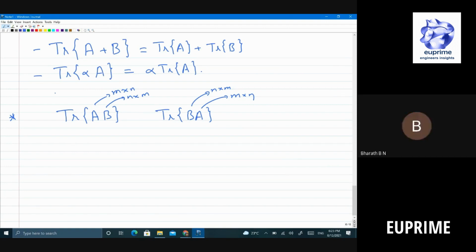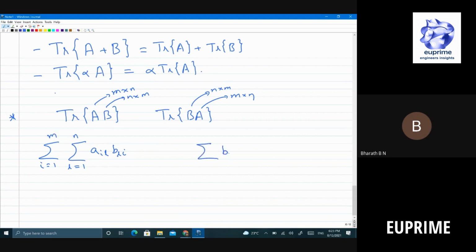Let's try that. Whatever you are saying, what should I do? A_il B_lj. Is it j or i? It's i. So I have to sum it over all l. L should go up to the number of columns of A, which is n. And then I have to sum it over all i, from 1 to the number of rows, which is m. So what happens in this case here?